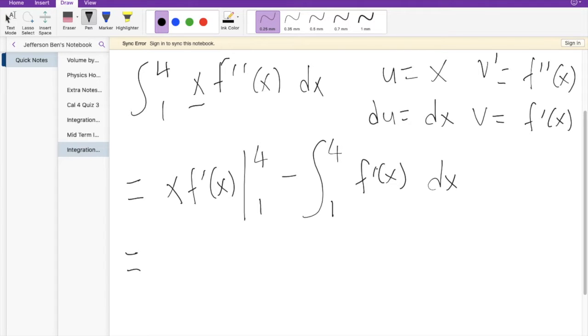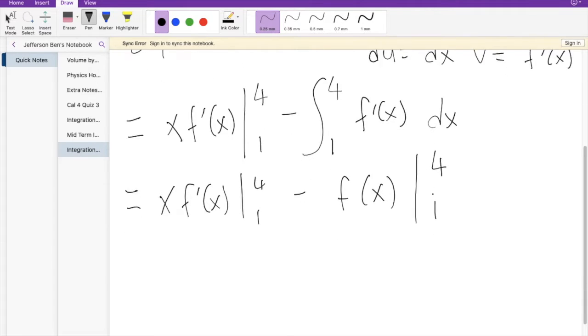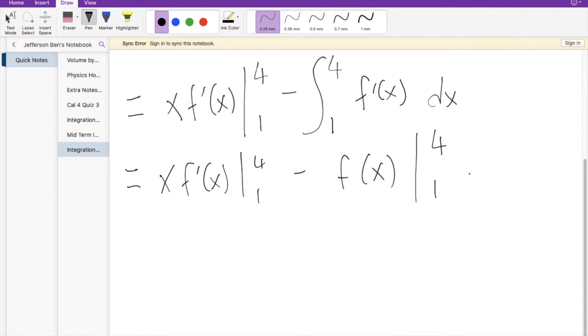Let's continue, and this is just a simple integral. If you integrate a derivative, you will get back the original function. So we just write down f of x from 1 to 4, and of course now you can just substitute the value.